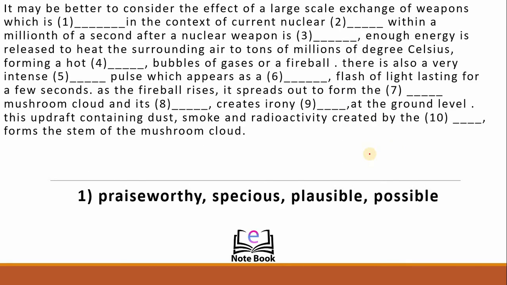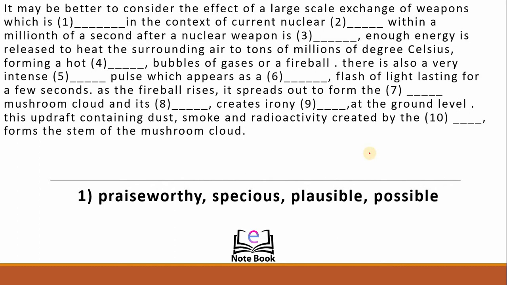Reading the whole passage, it may be better to consider the effect of a large-scale exchange of weapons which is dash in the context of current nuclear dash within a millionth of a second after a nuclear weapon is dash. Enough energy is released to heat the surrounding air to tons of millions of degrees Celsius, forming a hot dash, bubbles of gases, or a fireball.